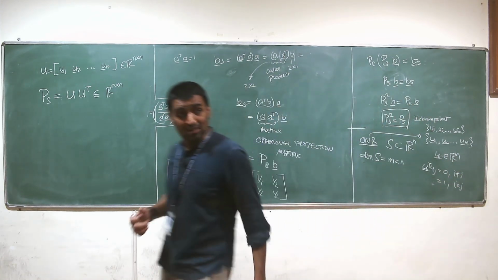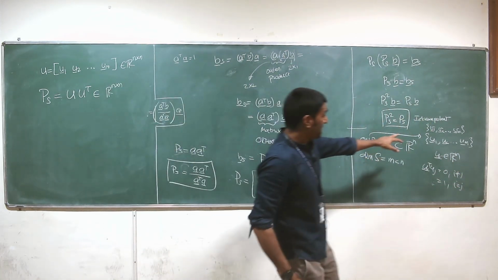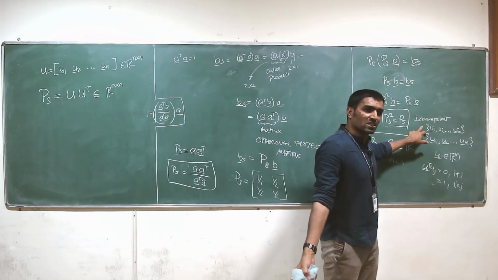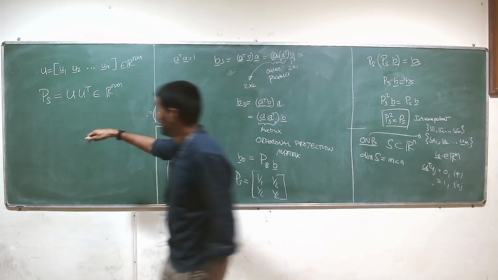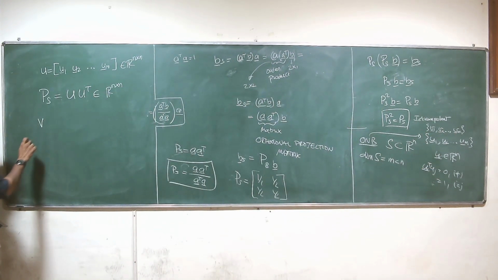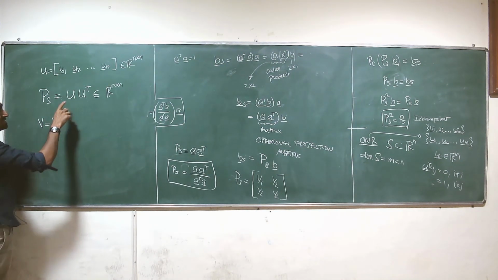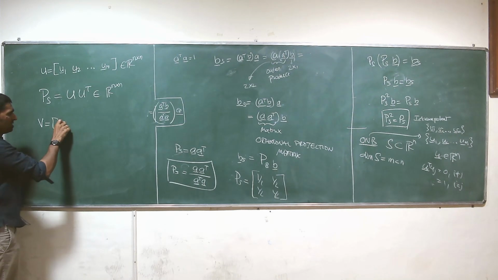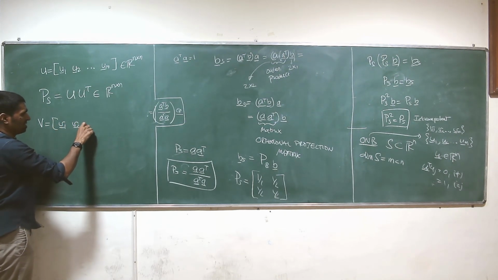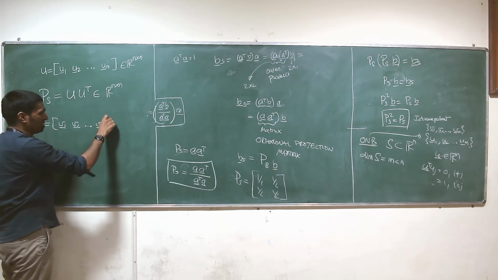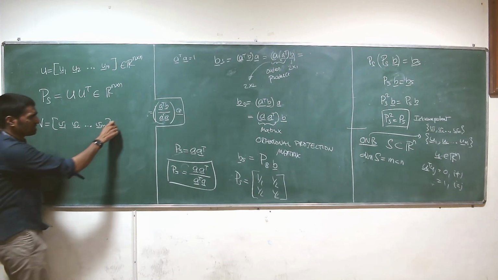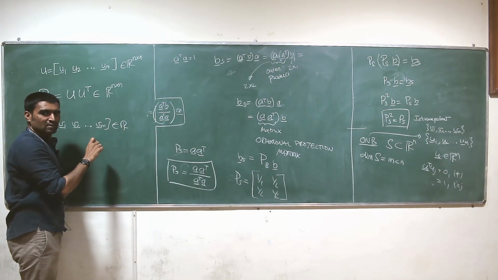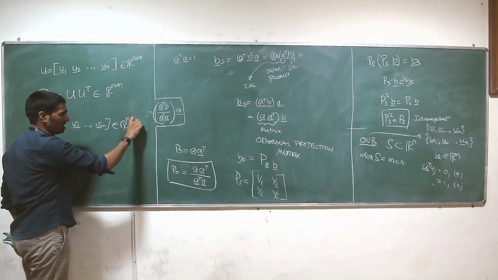Now you could ask, what if I now form a matrix V and I find another orthogonal projection matrix like I've done here. So I form another matrix V, and this time, instead of using the U orthonormal basis, I use the V orthonormal basis. What is the size of this? N cross n.